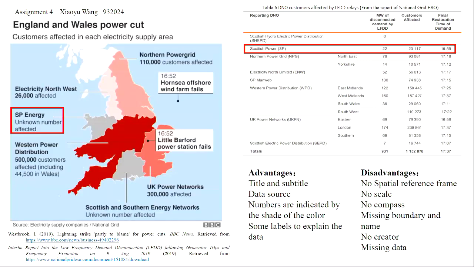And the author also added up some data for simplicity, such as the UKPN is divided into three parts in the table, but they add them all together to only show one number in this map. So I think it's a great map. It doesn't contain misleading information. So that's all. Thank you.